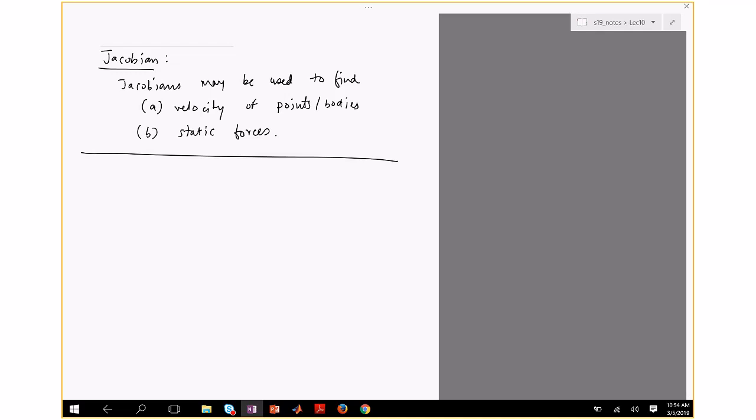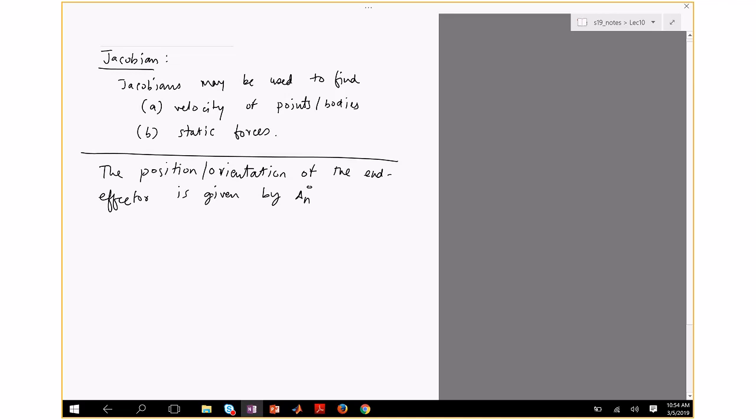Okay, so let me motivate this. The position of the end effector. So we found A_N^0, right?